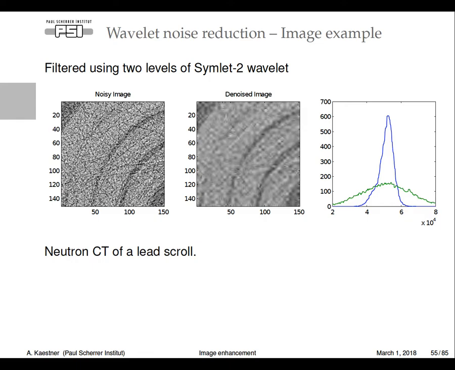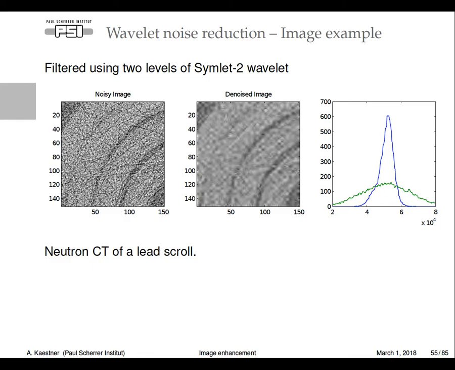Some wavelet bases are ideal for compression, other ones are better for noise reduction. And here I use a very simple one. Symlet 2 is in principle just -1, 1, and so it's just a single two-piece wavelet.